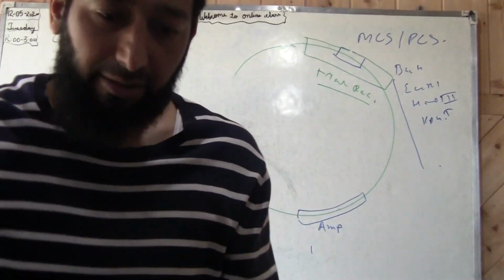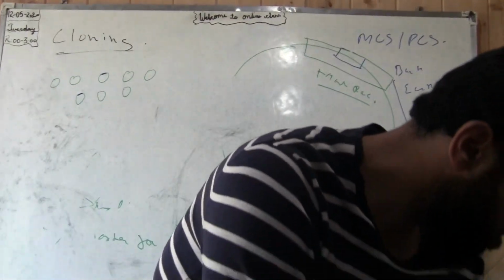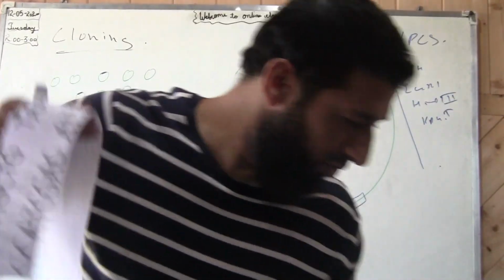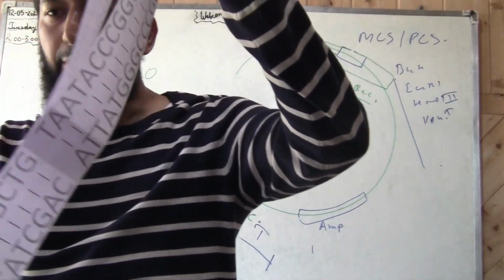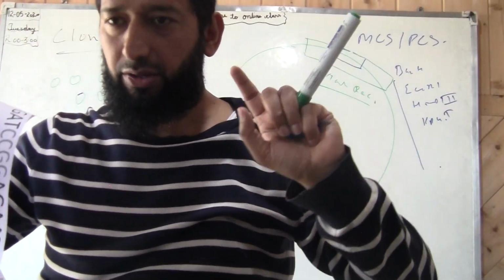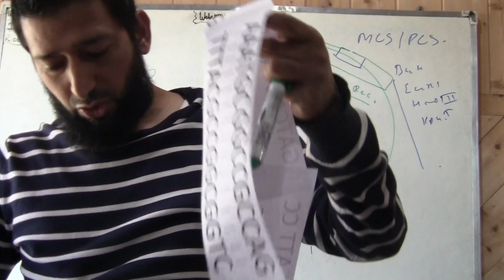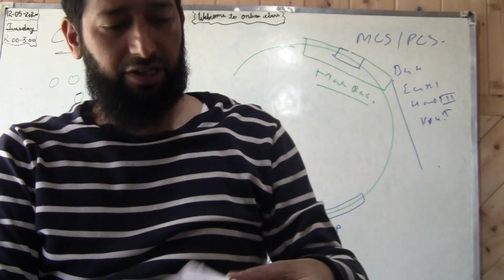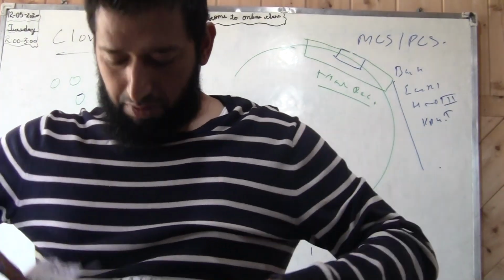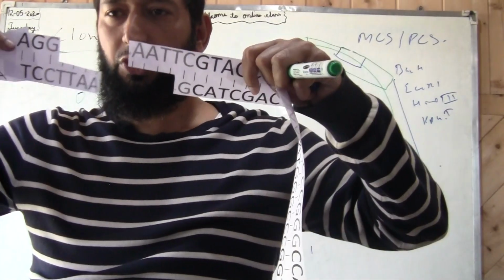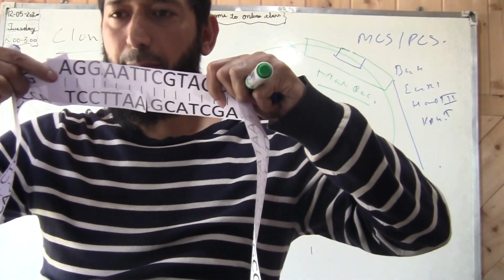But the thing is, if you see a vector, this is your insert. Some of the insert does not get incorporated, does not get cloned. When you have restricted a vector with a restriction enzyme, you see the sequences that they produce are compatible ends.